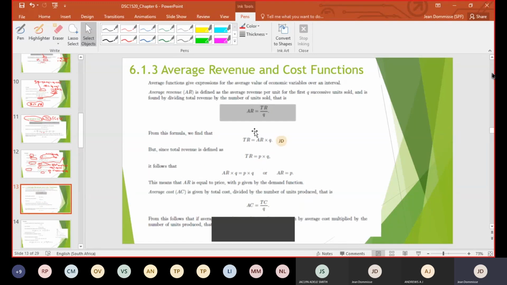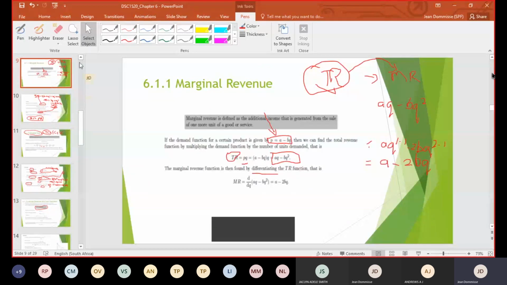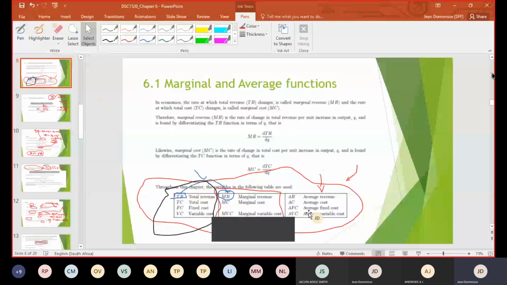The average revenue is basically just your total revenue divided by Q. Very simple: your average is your total revenue divided by Q. Nearly all of them, I don't want to say all because some might differ, work like this: whatever your total formula is, divided by Q.